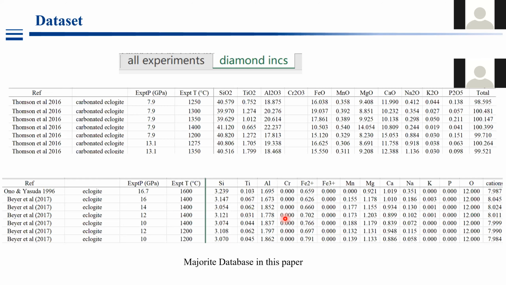Then this table is about their data set. In this table, there are mainly the content of major elements of meteorite and the atomic proportions per formula unit.